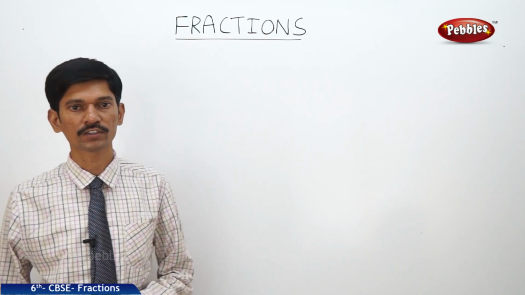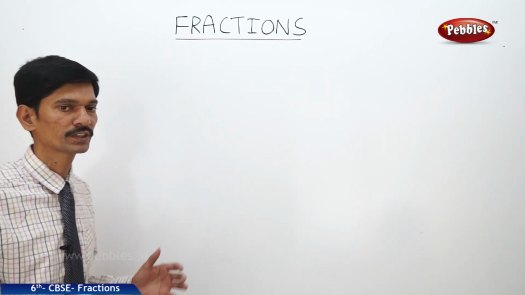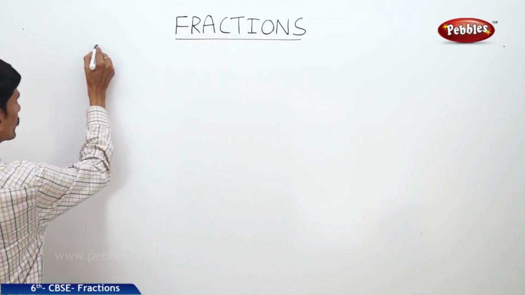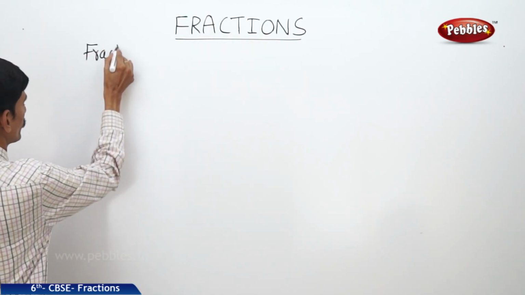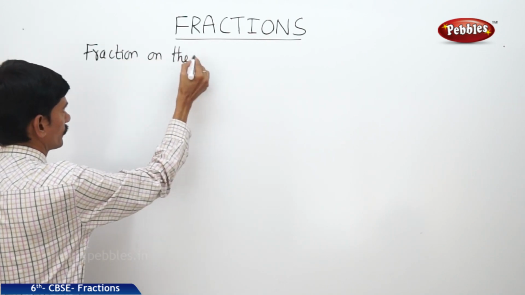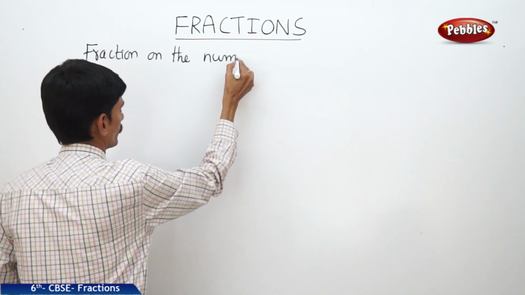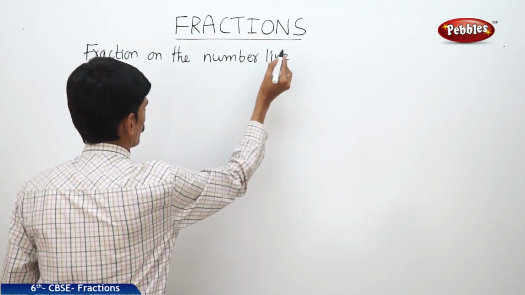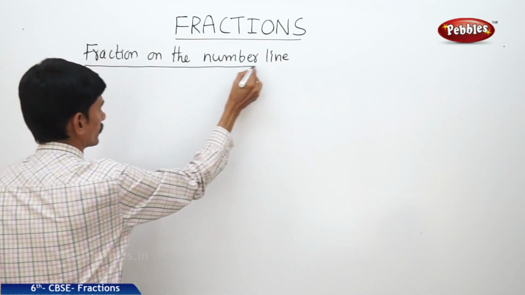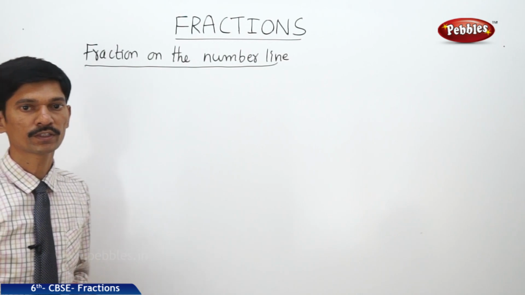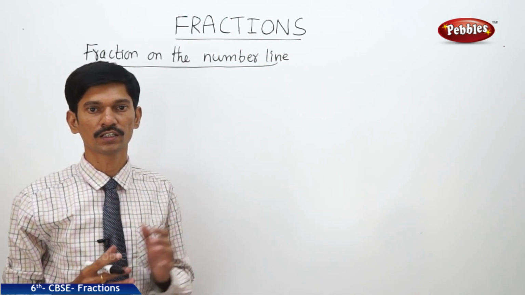Now let us discuss the next topic, the fraction on the number line. So how to represent a fraction on the number line? Now you know how to represent the natural numbers, whole numbers, and also the integers on the number line.